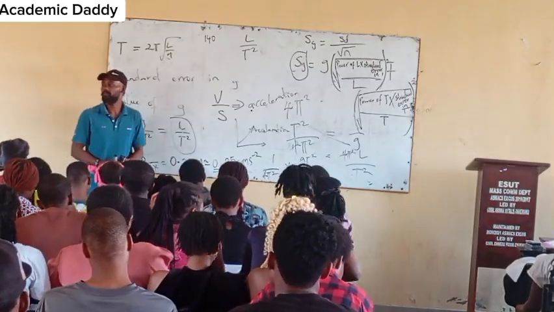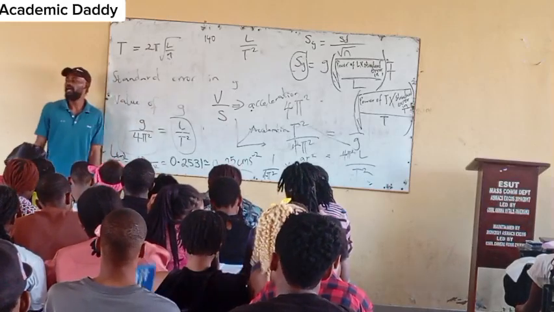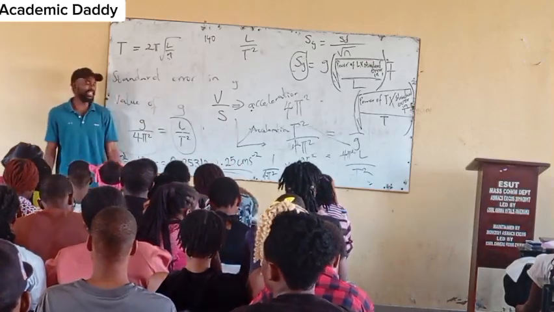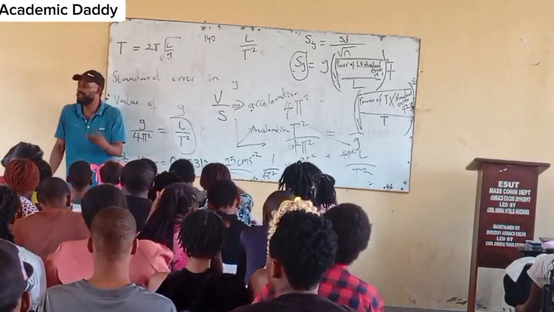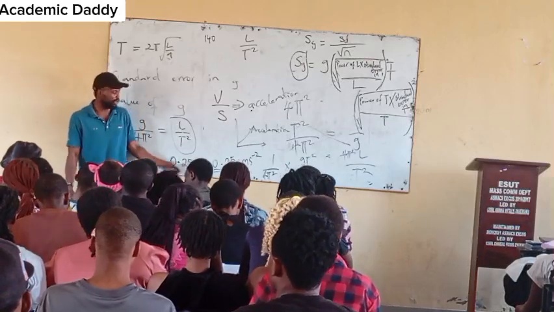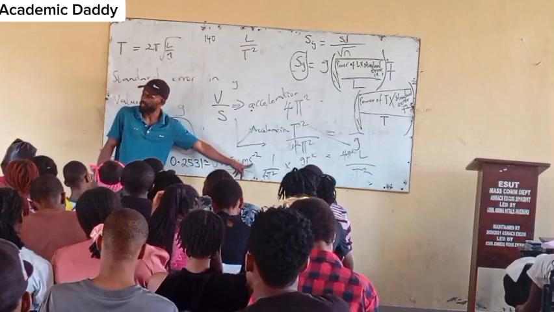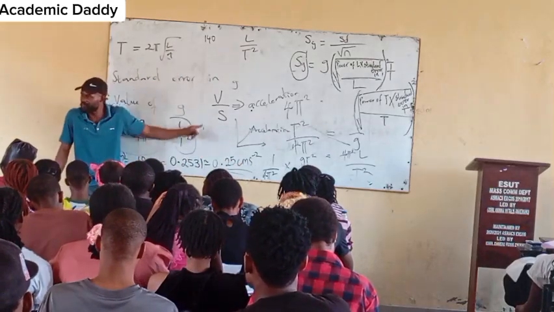Listen, that is what shows if you are a genius or you are brilliant. Remember, look at this. This is 0.25 centimeters per second, because of what our graph is giving us.